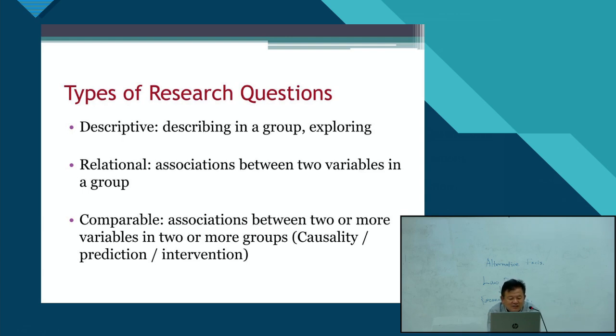This is relational, between two variables. The other type is comparable. Comparable means comparing the association between two or more variables in two or more groups. Causality covers predictions and interventions, between two or more variables.